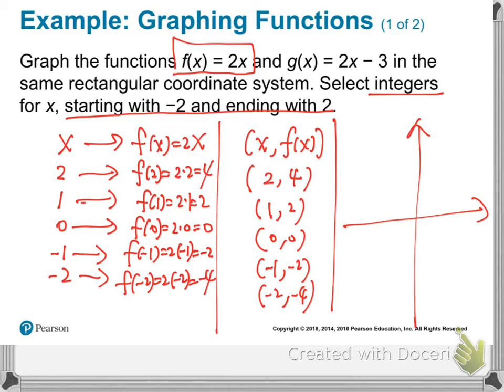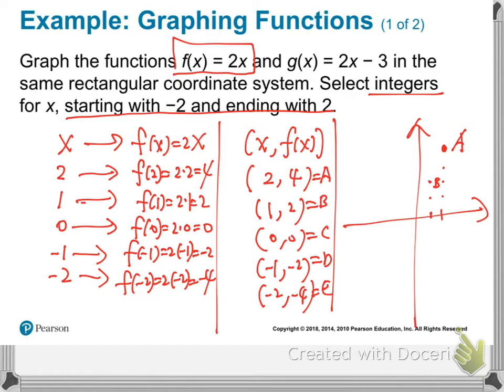Now let's label them A, B, C, D, and E. A is 2, 4, so we go right 2 and up 4. Here is A. B is 1, 2: go to 1, then up to 2.